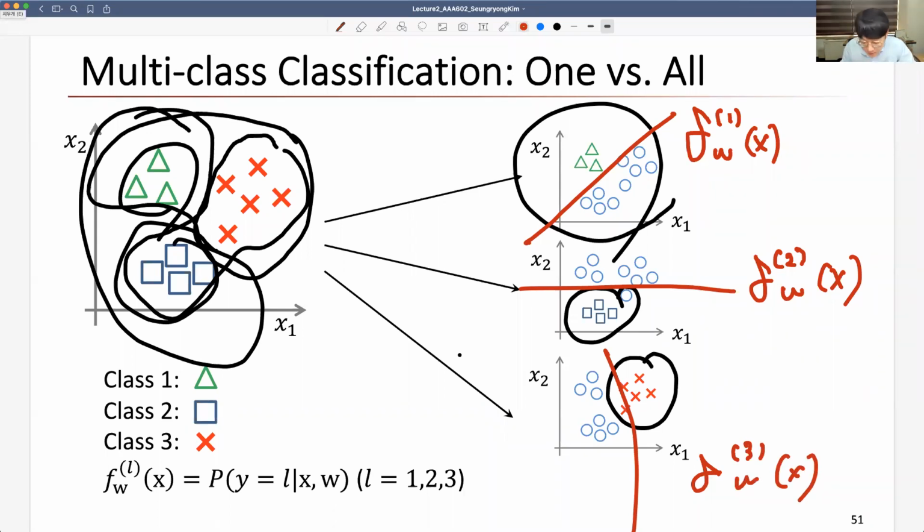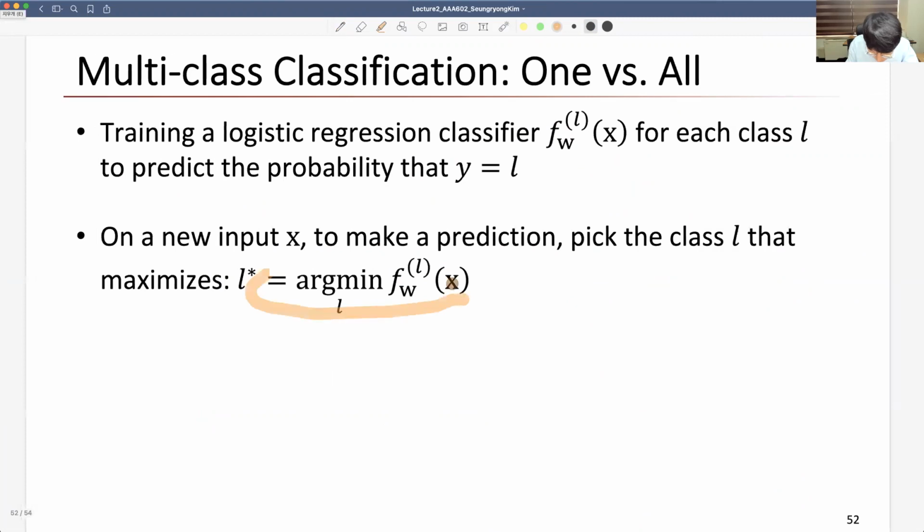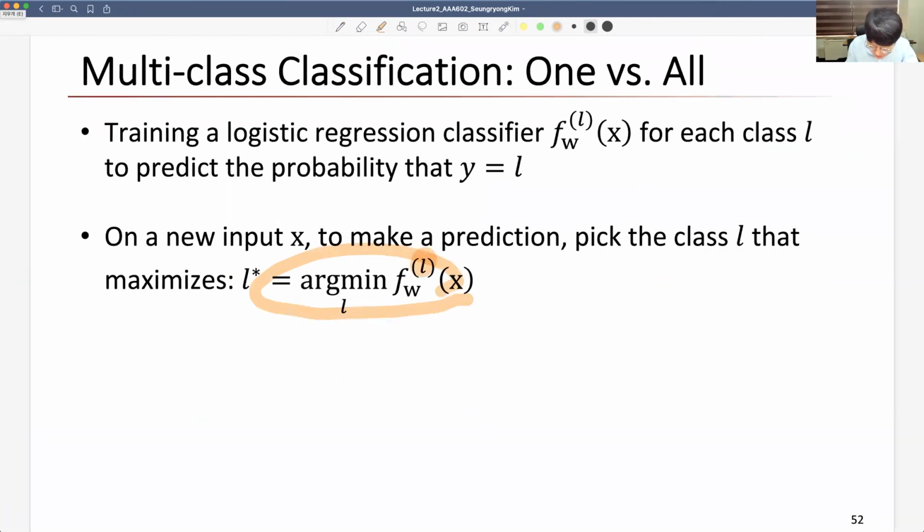And then after training these three sets of parameters independently, we can determine which class has the largest probability, or the smallest loss value.